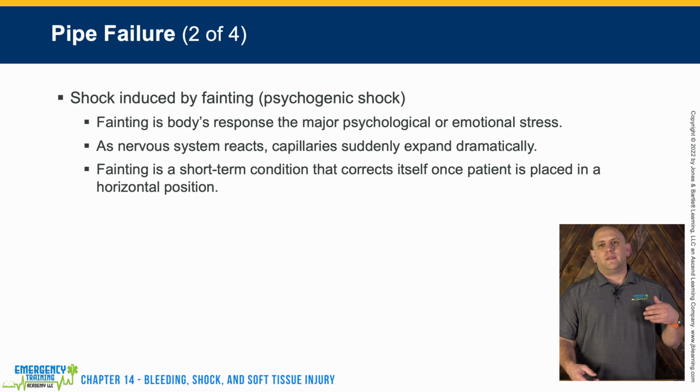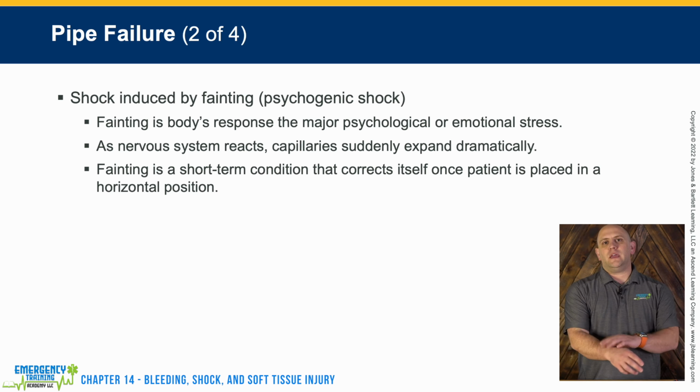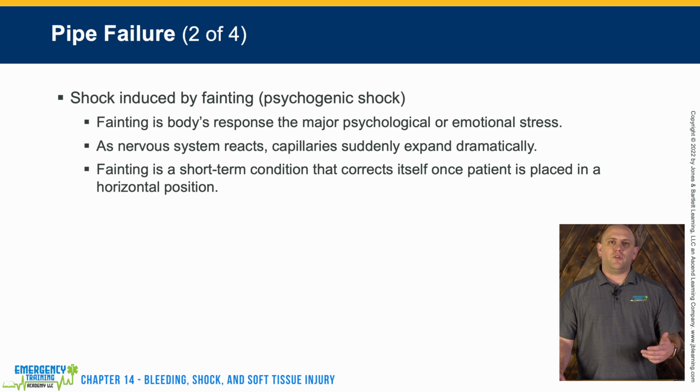Like we said, they become leaky, and the fluid leaves the vessels and goes into the external parts of our body, into our tissues, but not actually in the pipes where we need it. And this is a life-threatening emergency. It often occurs in older adults, but we see it in all different ages. It's important that they are treated rapidly, just like all of our other shocks.